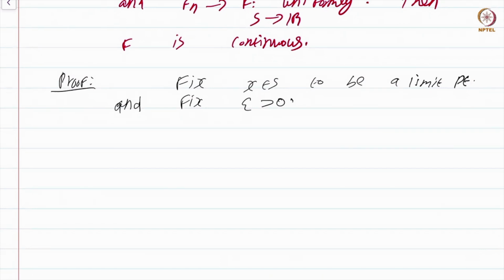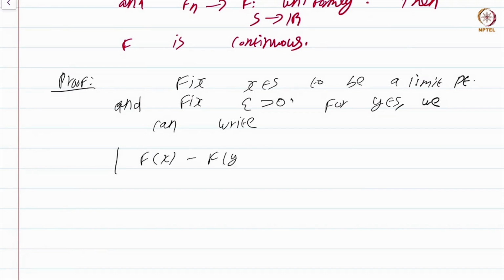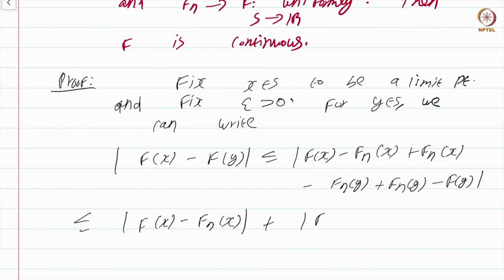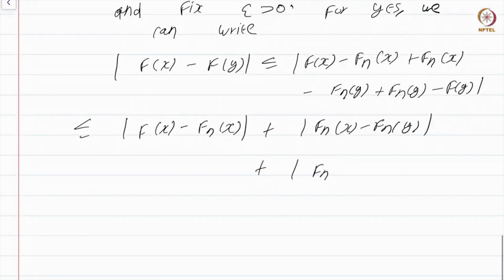Again, we can write, for y in S, modulus of f of x minus f of y is less than or equal to, as usual, exactly as we did in the preceding discussion, f x minus f n x plus f n x minus f n y plus f n y minus f of y, and this just becomes modulus of f x minus f n x plus modulus of f n x minus f n y plus modulus of f n y minus f of y.